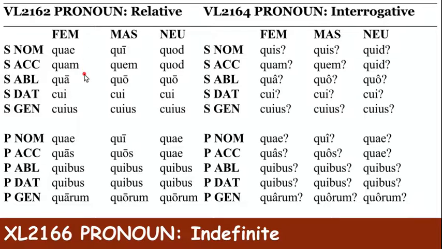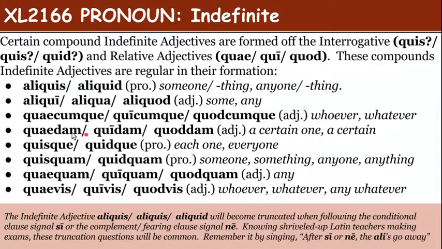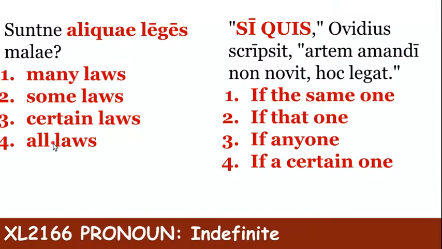So remember, they're all declined off of these forms, but they're declined in the first part, not in the last part. Well, here's the last part, aliquis, but quaecumque, it's really quae, quam, quacumque, whatever. Quaedam, quamdam, it's certain. Quisque, quisquem, so straightforward.